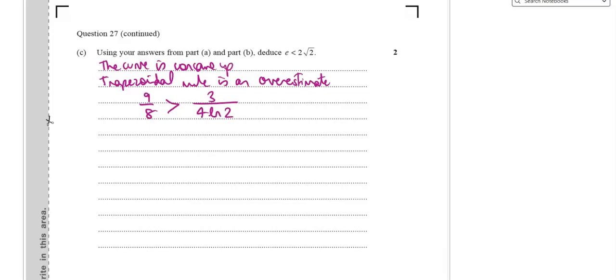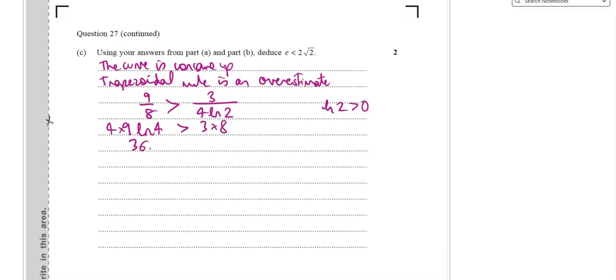Now I can multiply both sides by ln 2. Note that ln 2 is a positive number, so 9 lots of ln 2, I can also multiply by the 4 at the same time, is greater than 3 lots of 8.